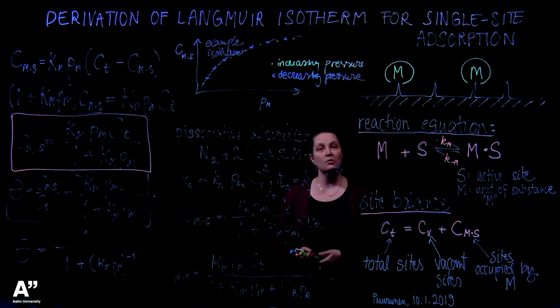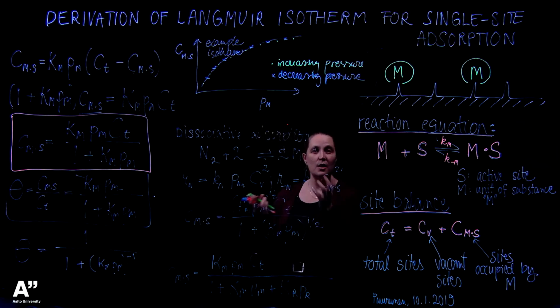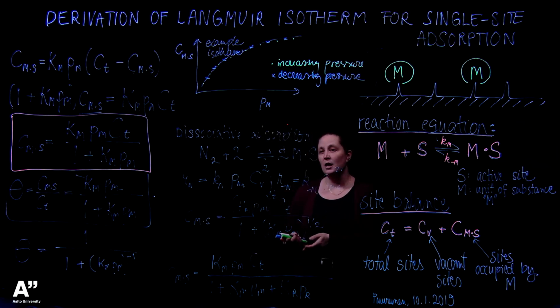There are cases where one can perfectly fit data with Langmuir adsorption isotherms and extract meaningful equilibrium constants out of it. Also, what one can do is to measure the adsorption isotherms at different temperatures. So remember, adsorption isotherm, it's an isothermal system. You measure it at one temperature.